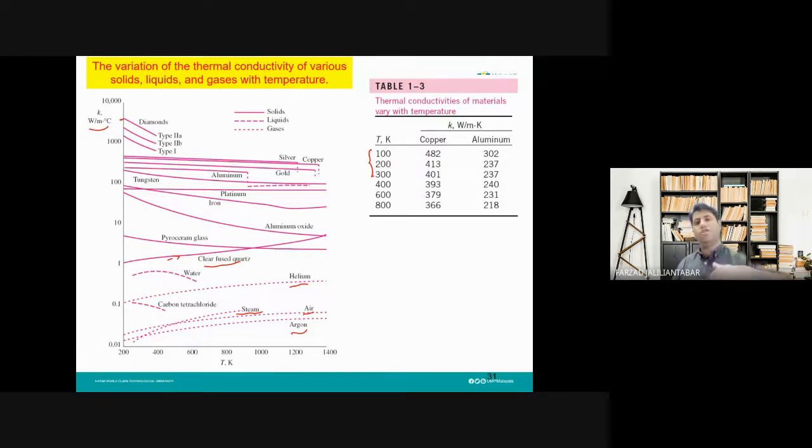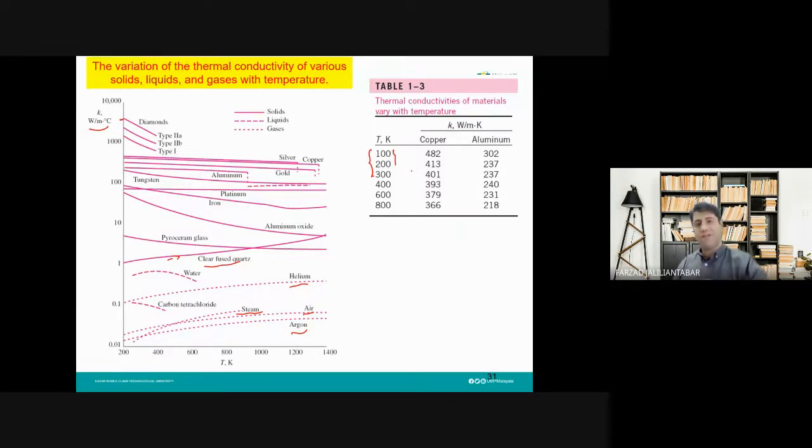So if the temperature for the copper, for example, is changed by 100, from 100 to 200 degrees Celsius, then maybe we cannot assume that the thermal conductivity remains constant.